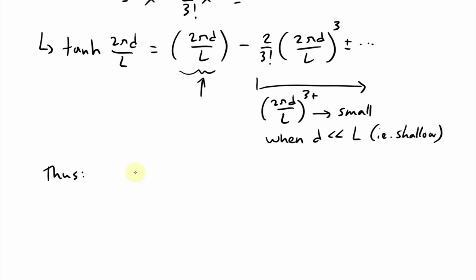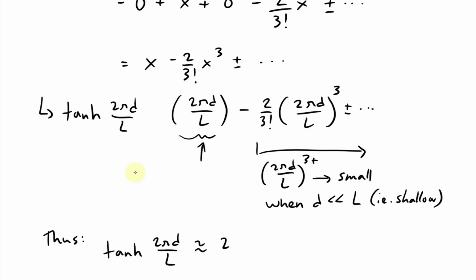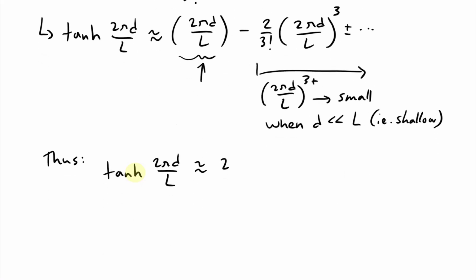Thus, tanh of 2 pi d over L is approximately equal to, and this is an approximation because we haven't seen the error of it yet, even though the series goes to infinity. All right, let's go further. This is just 2 pi d over L.